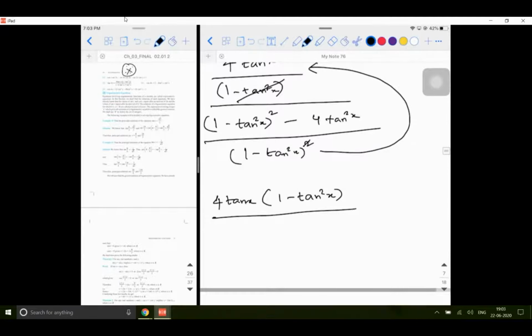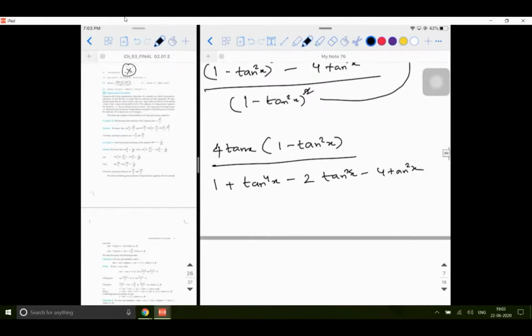You can write it like this: a minus b the whole square is a square plus b square minus 2ab. A is 1, b is tan square x. So minus 2 tan square x. You already have minus 4 tan square x.